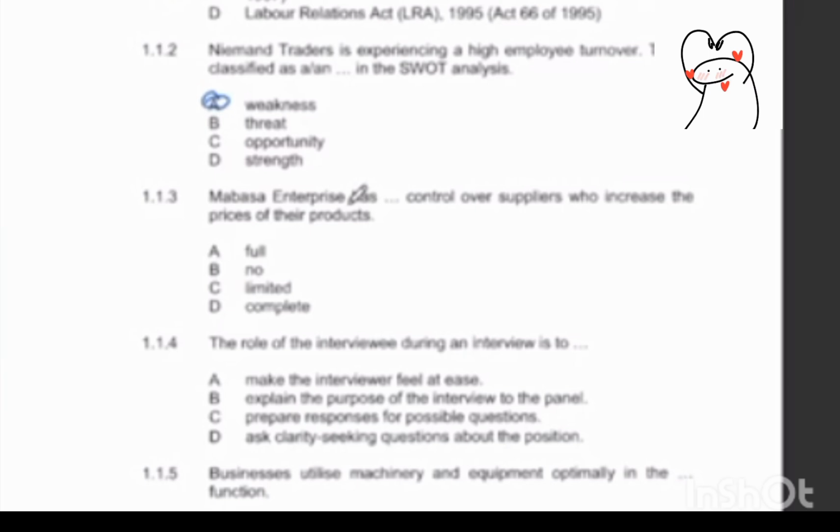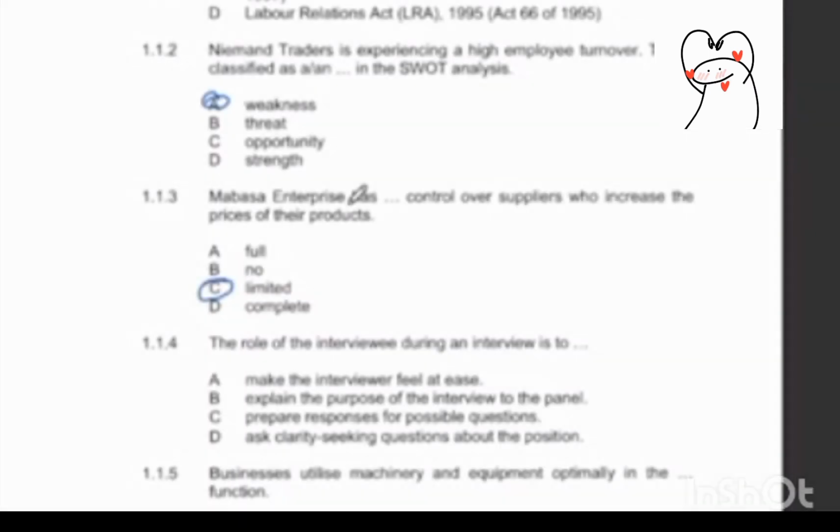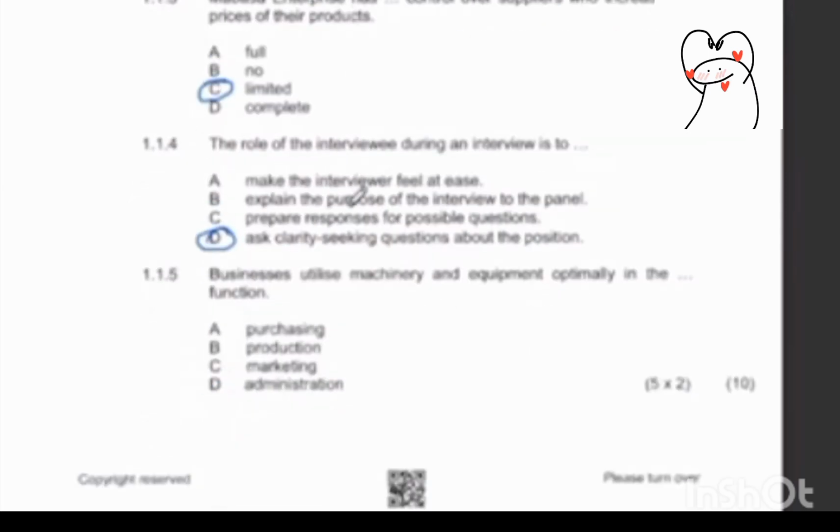So now in this regard, the correct answer is going to be C. So now 1.1.4, the role of the interviewee during an interview is to dash, meaning the appropriate answer in this regard is going to be D. So now let's move on to question 1.1.5. Businesses utilize machinery and equipment optimally in the production function. So it means that your appropriate answer in this regard is going to be B.